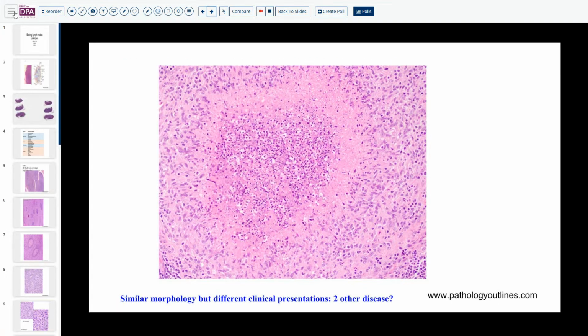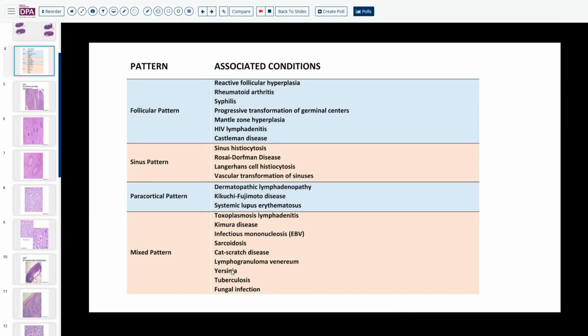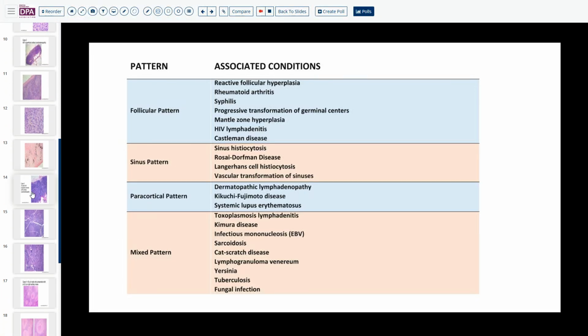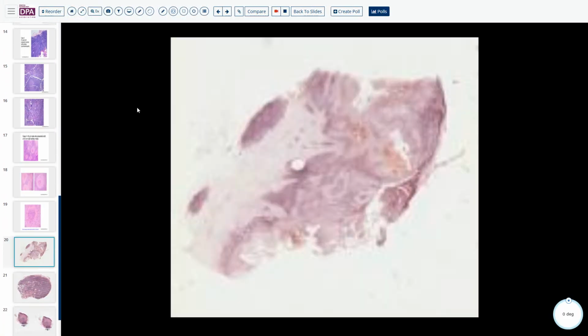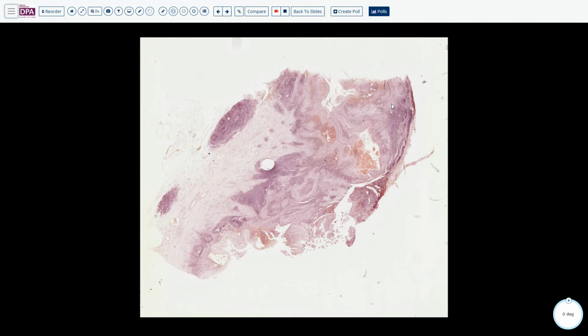Yes, Yersinia. That's the answer in that clinical scenario. And Sarah is correct: if we have a clinical scenario like an STD patient with an inguinal lymph node, that is LGV caused by chlamydia.